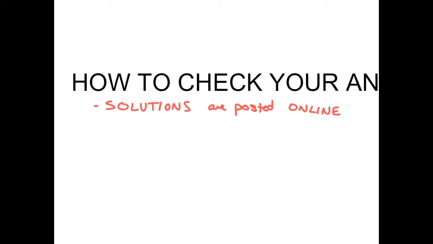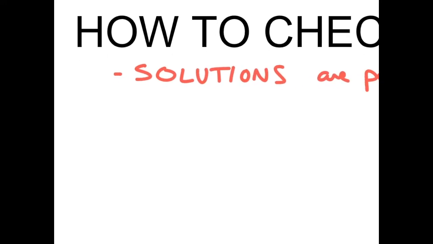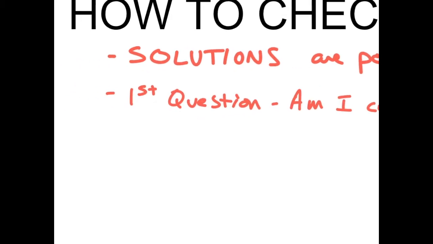When you're doing your homework, the first question that you want to ask yourself when you're checking your work is, am I correct? And then the second question you'd want to ask yourself is, is my work correct?